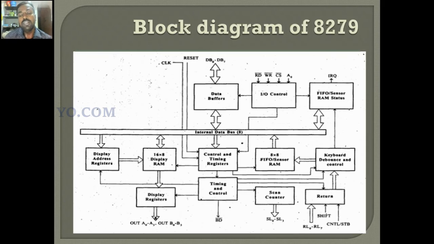So the keyboard lines are connected with these return lines, and it also has shift input, control and strobe input. These inputs are used in the keyboard, shift, control. Okay, so this is the block diagram of 8279. It's a very important block diagram, a very important question.